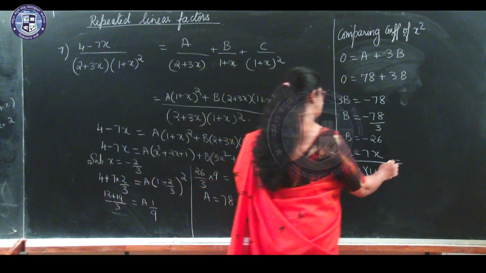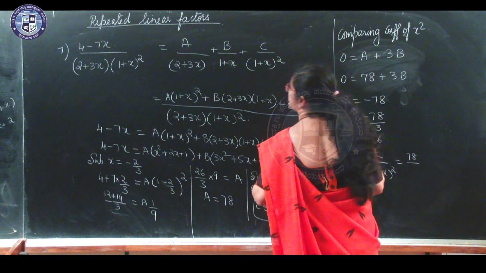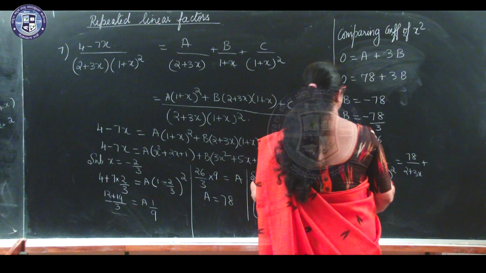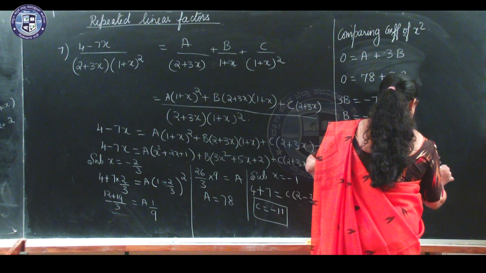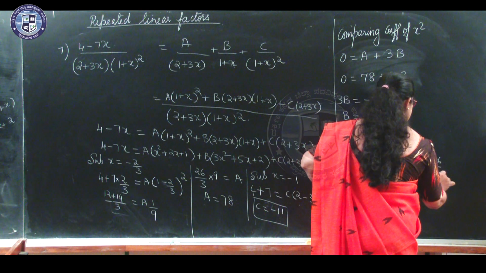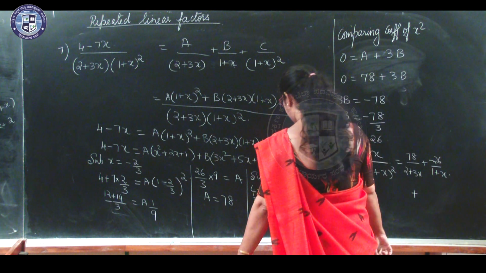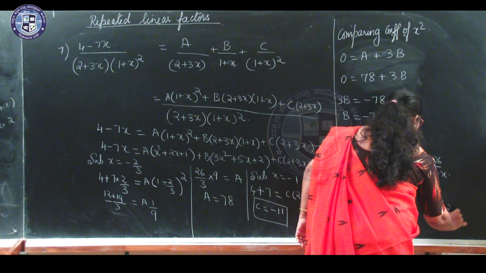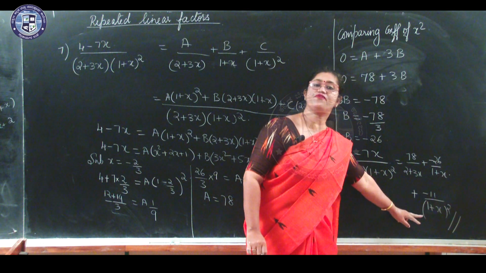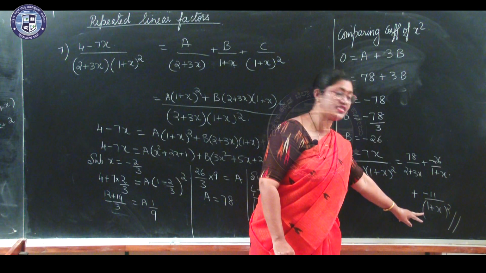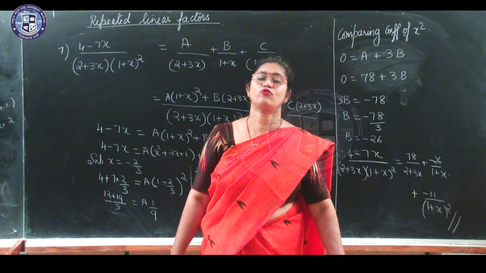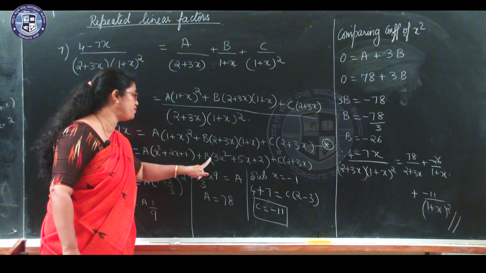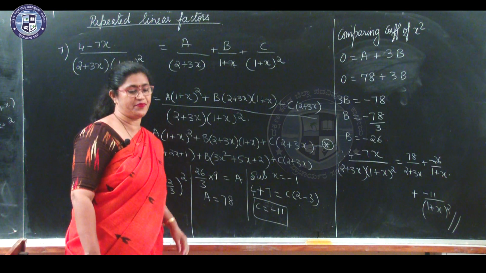A is 78 by 2 plus 3x, next one is B, that is minus 26 by 1 plus x, plus C is minus 11 by 1 plus x the whole square. I have just written the final answer here, I have written the last term down. So that was the final answer. Be careful here, coefficient of x square was not B, it was 3 into B.